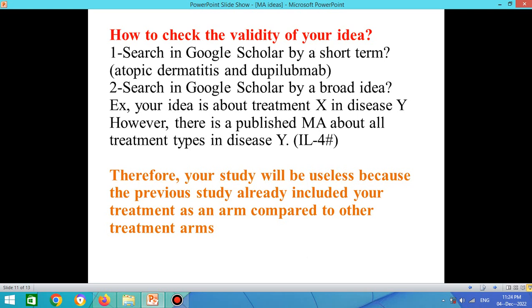So this study already included your studies that you would include in your meta-analysis. So the network meta-analysis, which compared various treatment agents in atopic dermatitis patients, is better than your individual meta-analysis. Therefore, your study will be useless because the previous study already included your treatment arm as an arm compared to other treatment arms.